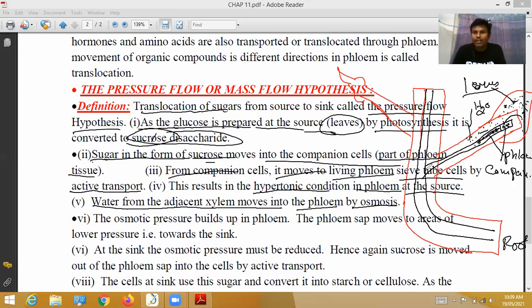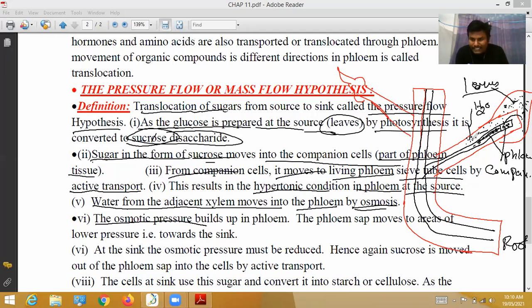In the xylem, the water concentration is higher, so water moves from higher concentration to lower concentration, entering the phloem by osmosis. So the osmotic pressure builds up in the phloem.